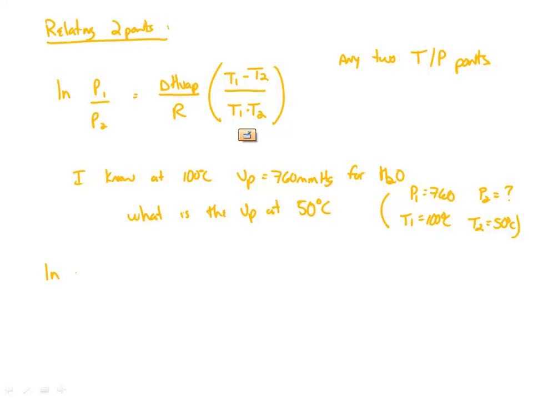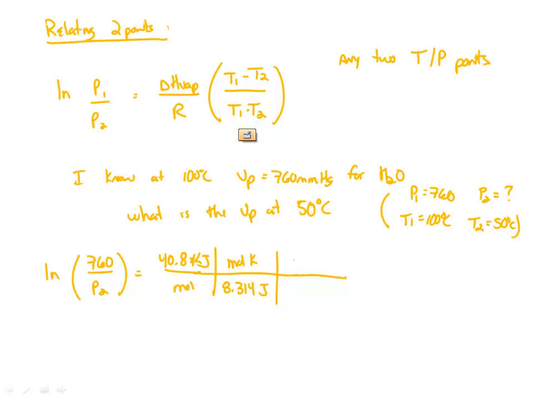The natural log of 760 over P2 is equal to delta H, which is 40.8 kilojoules per mole, divided by R, which is 8.314 joules per mole Kelvin. Some values are given in kilojoules, some in joules, so I need to make sure I cancel those units out. Notice my moles cancel.